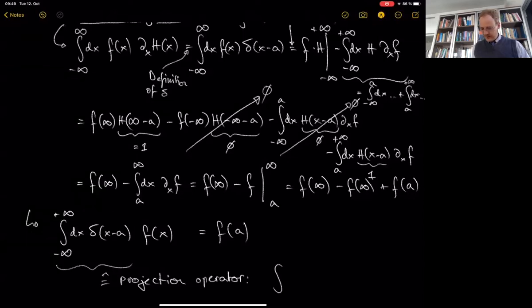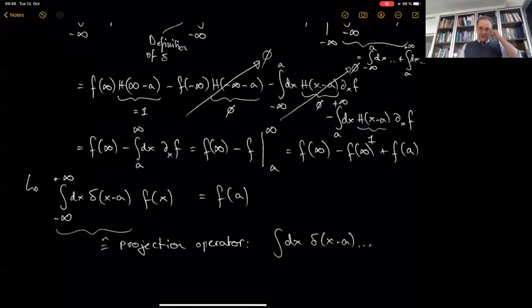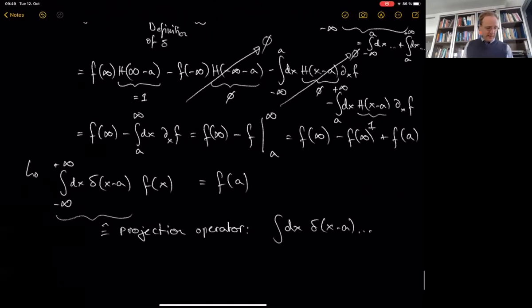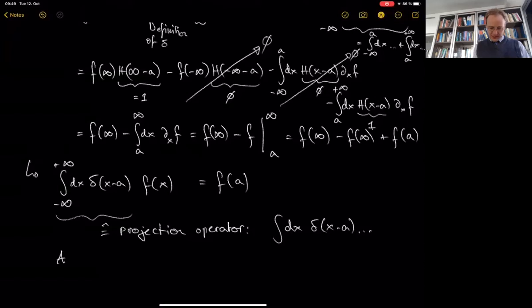You have something that acts on the right-hand function, and out comes your function at a particular value. So it's analogous to the projection, and for that reason we simply do the ansatz now for our position.